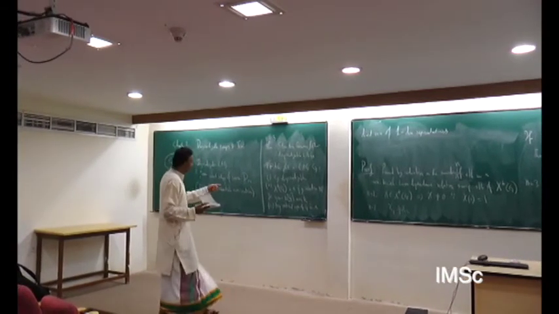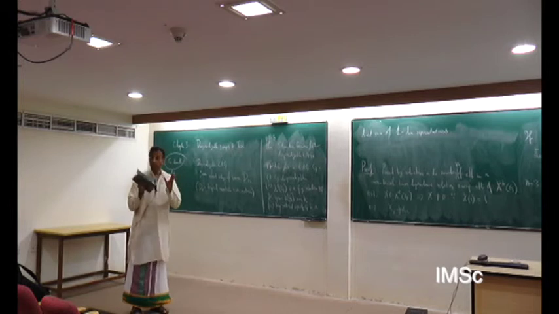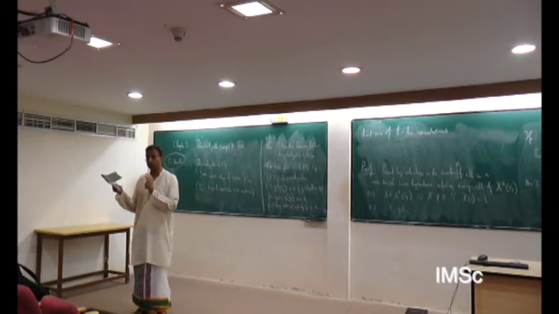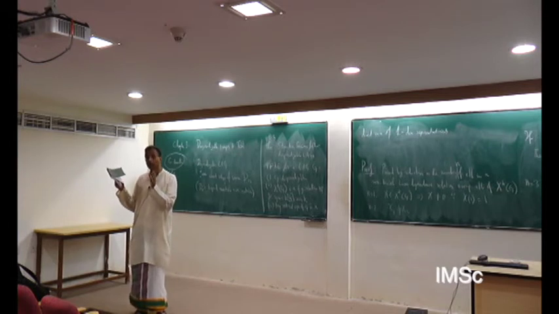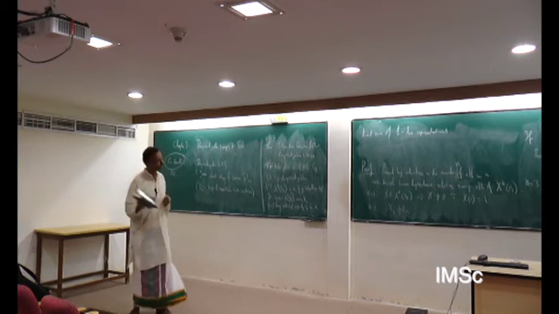Here what we are saying is that any rational representation is a direct sum of one-dimensional representations. In particular, any rational irreducible representation should have dimension 1. That's what it says.